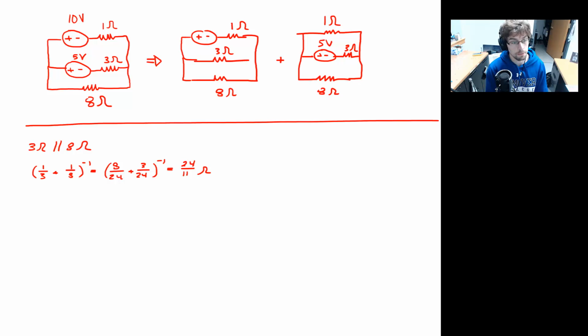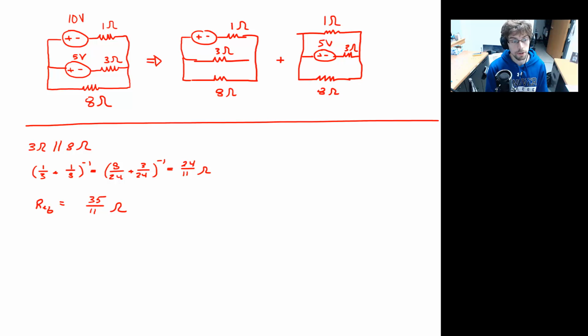So now I've got the total resistance, Req, of that circuit. The 24/11 ohms refers to the two parallel branches, and that itself is in series with the 1 ohm branch. So I can add in series, and I get 35/11 ohms as the overall resistance.